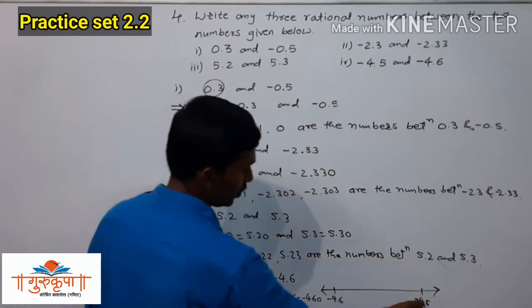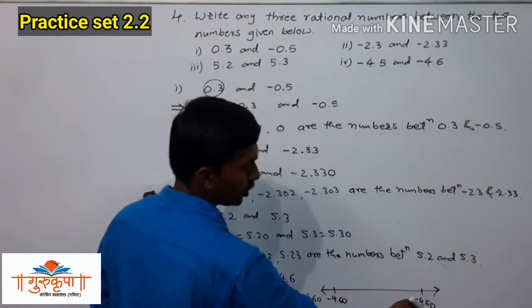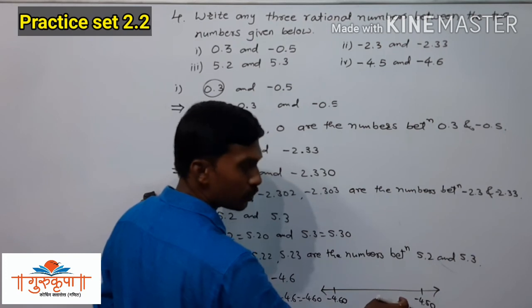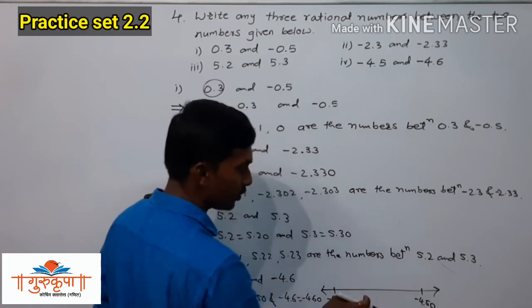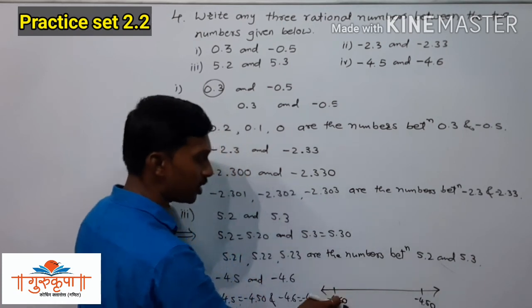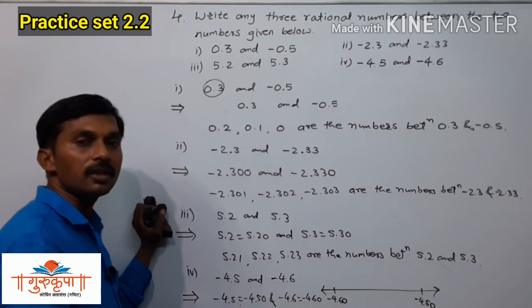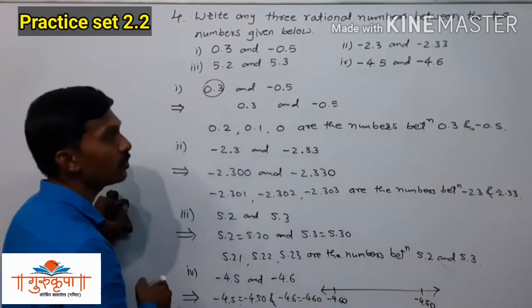So here we have 50, here we have 60. Now after minus 4.50, that is minus 4.51, 52, 53, 54, 55, 56, 57, 58, 59, and then 60.